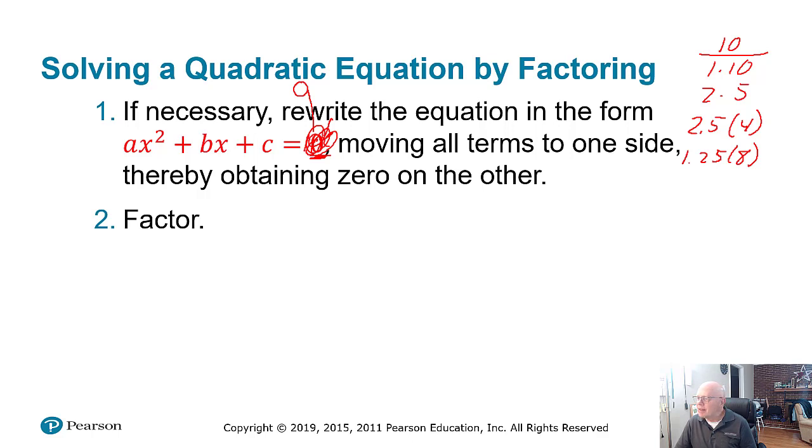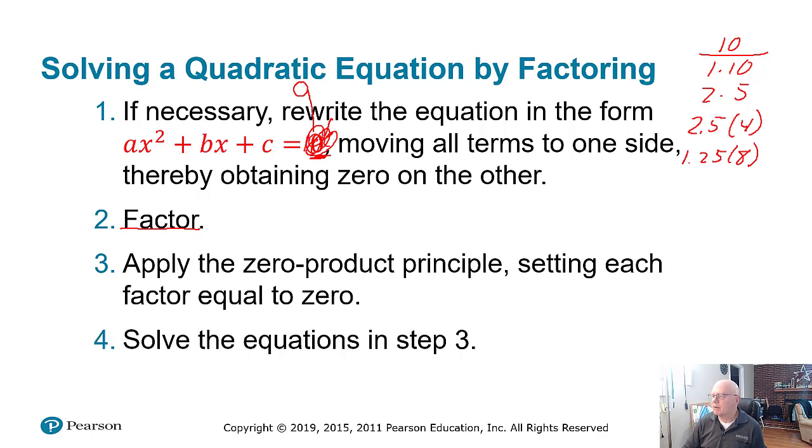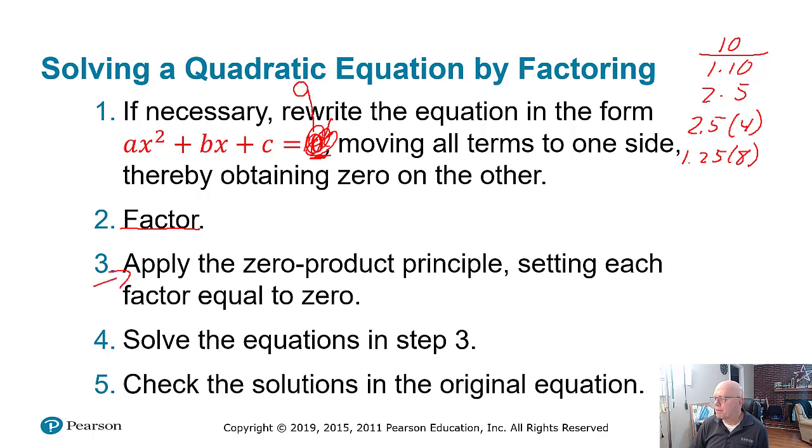So once you've got that 0, next thing you want to do is factor. Once you've got it factored, use the zero product principle, saying each of the factors equal to 0. And you'll see an example coming up right here. Solve the equations that you get from this, and then check them in the original equation.